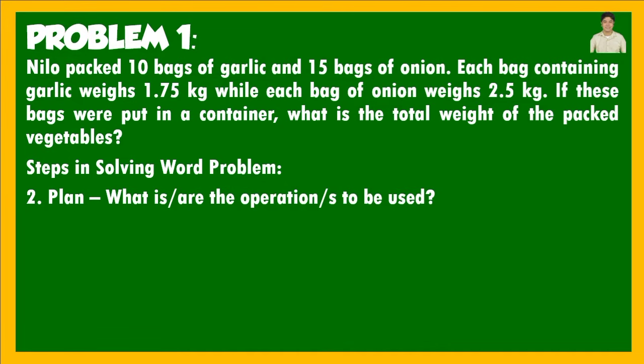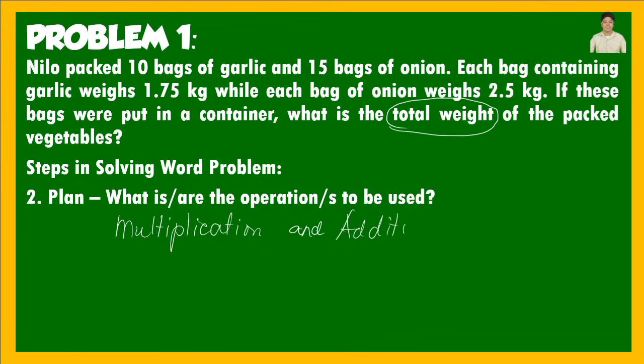And then, para malaman natin yung total weight, syempre, i-add po natin yung mga naging product. So, therefore, the operations to be used are multiplication and addition. So, ang gagawin natin dito, yung 10 bags, multiply natin sa 1.75 plus 15 bags, multiply sa 2.5 kilograms.